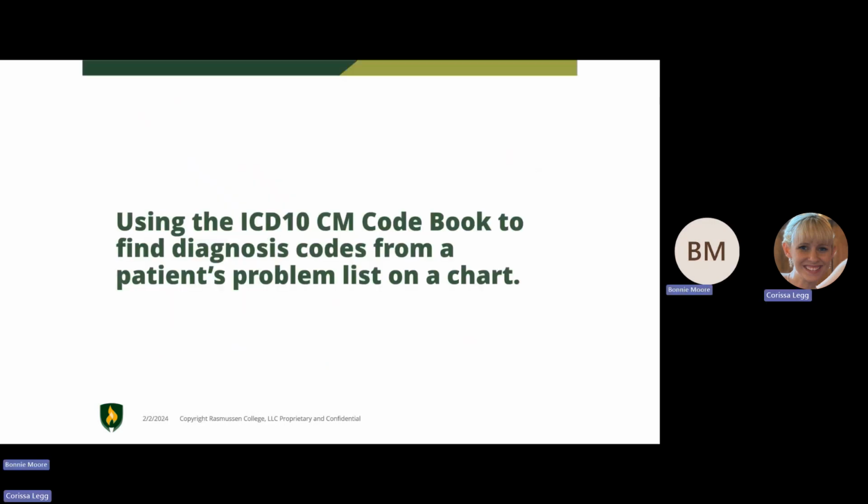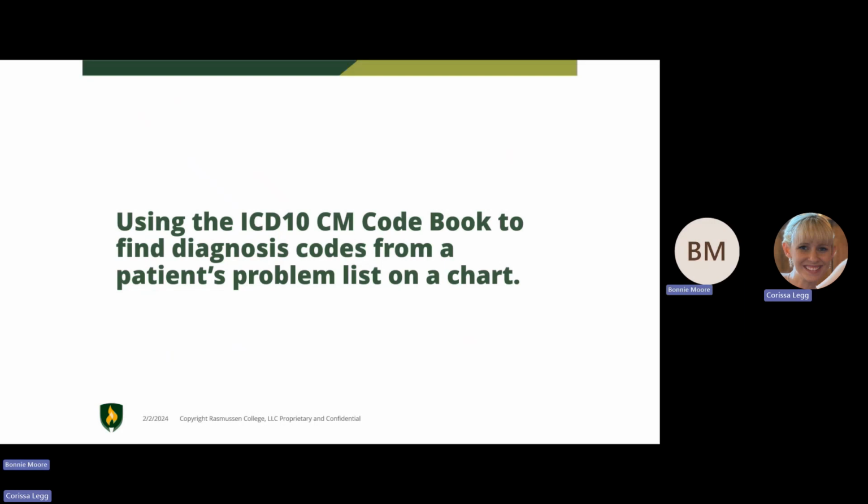Okay, so those are the basic definitions that are going to be used on your AAMA exam. So I wanted you to be aware of those and kind of understand them, not only in the context of your medical assisting world, but a little bit in the context of the coding and billing world.